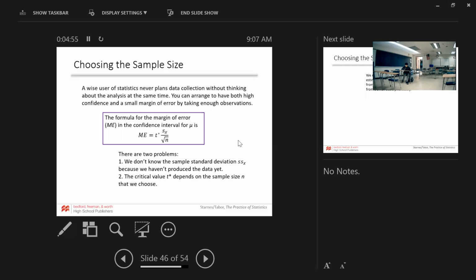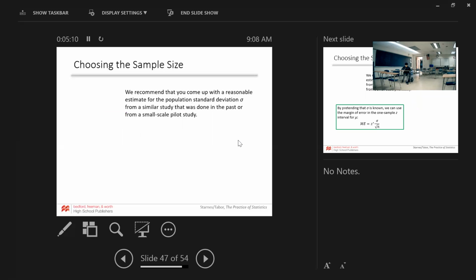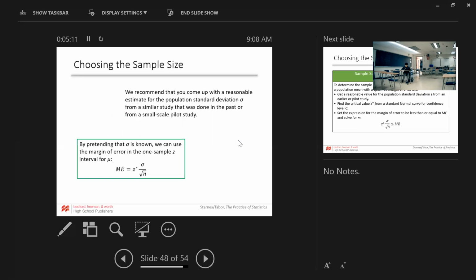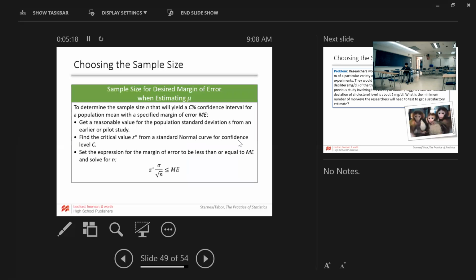So, you've got a problem here, right? The critical value depends upon the sample size. So how are we going to do this?